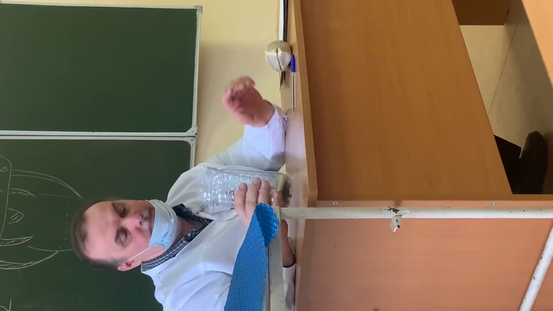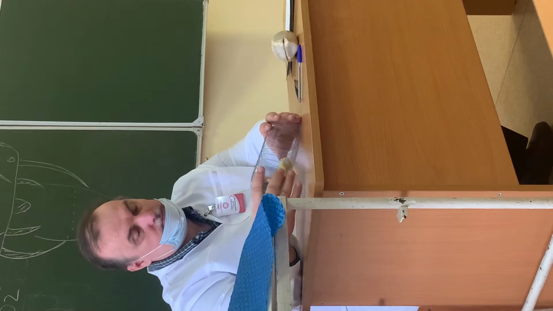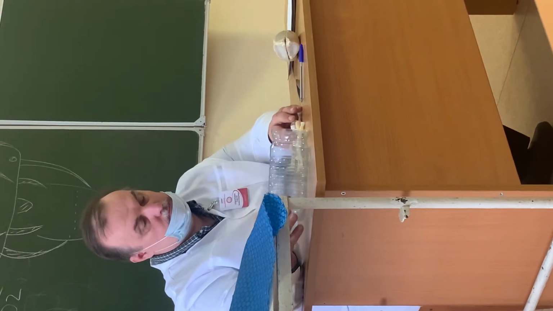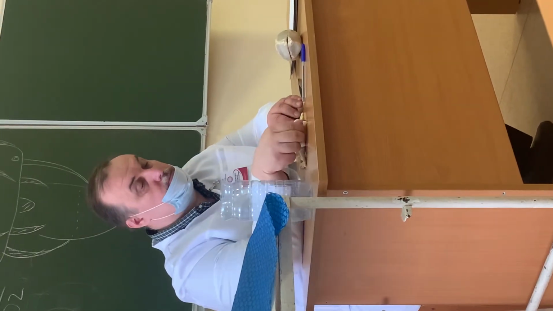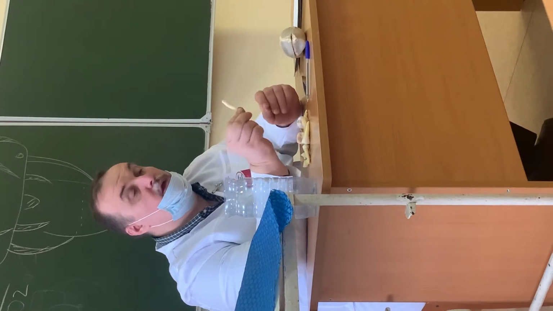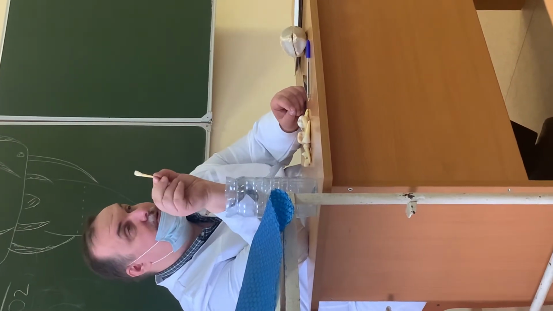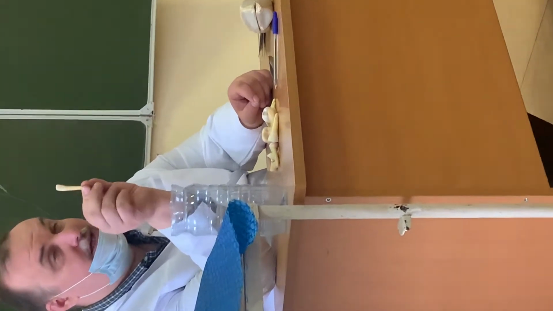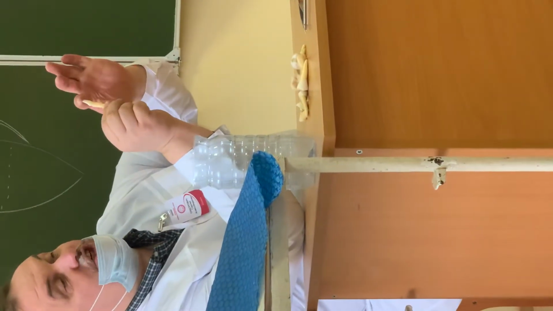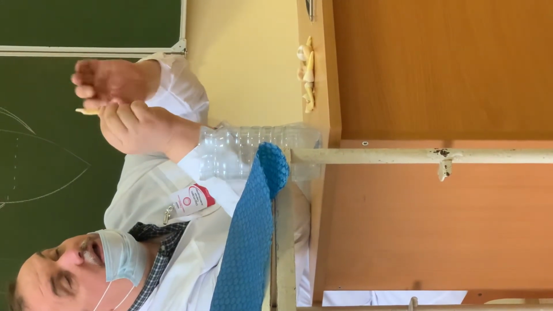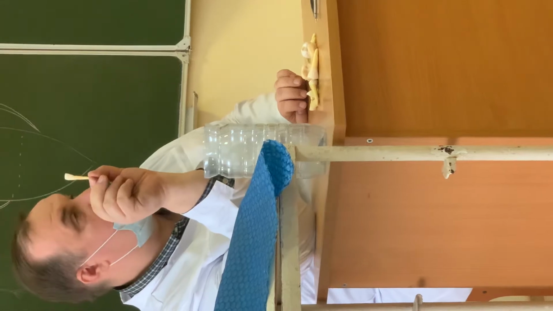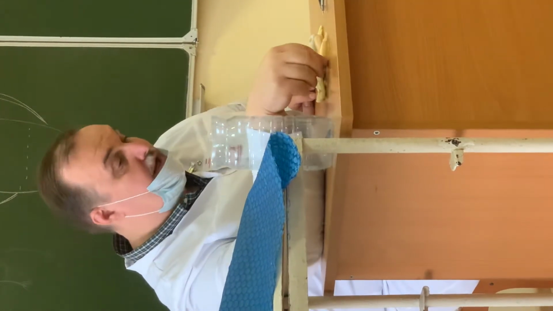For example, what is the name of this tooth? Incisor. It has a sharp upper border and one root.